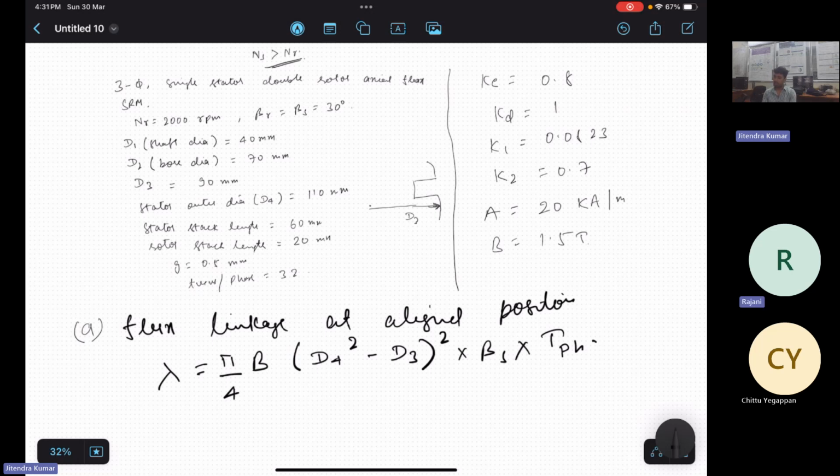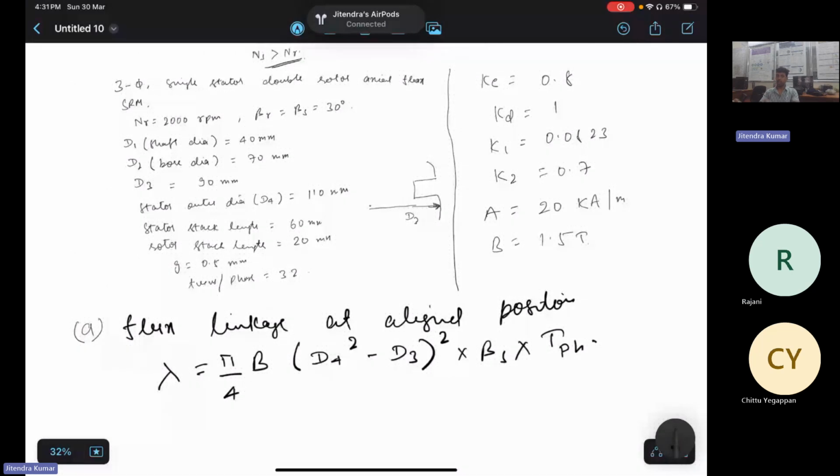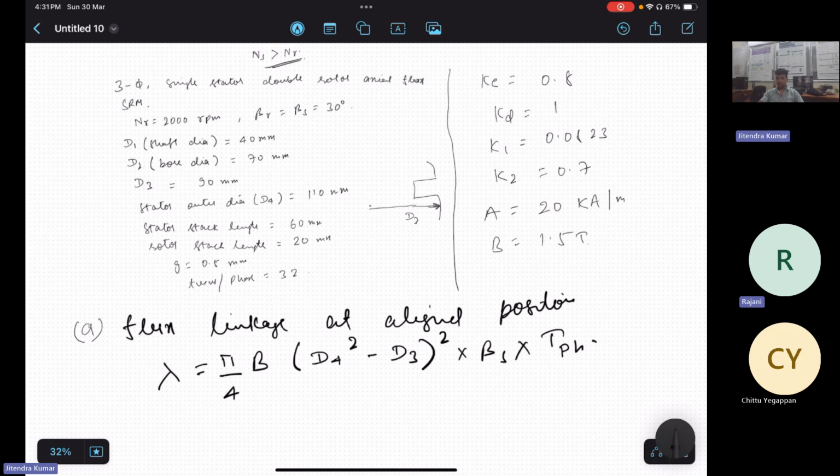Sir, D4 square minus D3 square. D3 square, no, because it's a whole square in the expression. It is D3 square only.